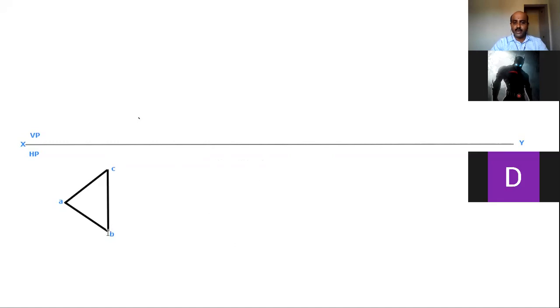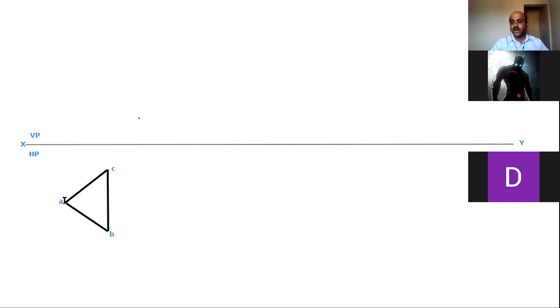This is a 25 millimeter lamina resting on HP. Therefore, the true shape and the true size you directly get in the top view, which you can project on the horizontal. So, a 25 millimeter equilateral triangular lamina resting on HP with one of its corners touching HP. Therefore, the corner is to your left.